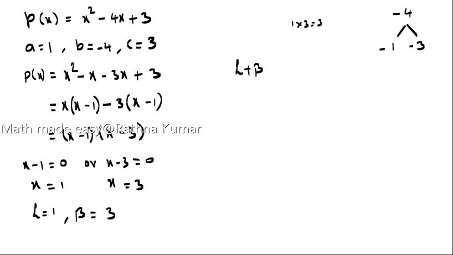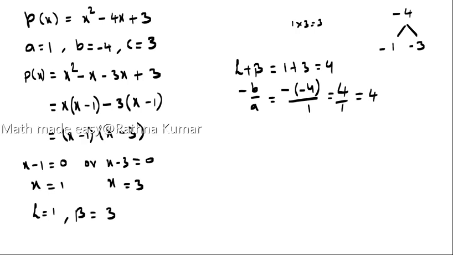Alpha plus beta, we will get 1 plus 3 is equal to 4. And do minus b by a, what will you get? Minus of minus 4 by 1, you will get 4 by 1, 4.